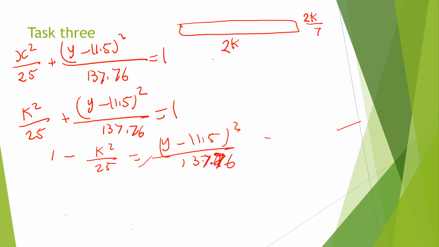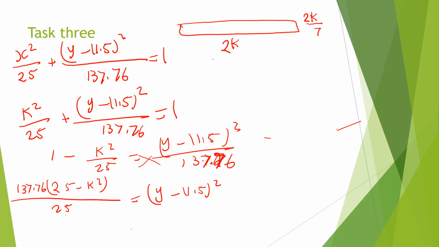Now cross multiply. So just rearranging it, you'll have 25 minus k square all times 137.76 over 25 equal y minus 11.5 all square. Now to work out this, you'll just square root both sides. So we'll have y equal either negative 137.76... I haven't simplified anything.